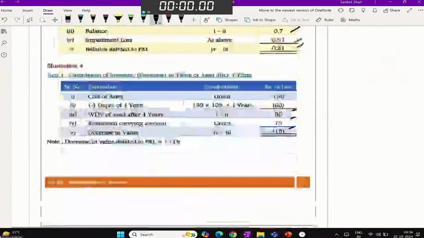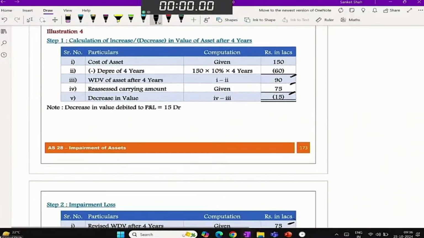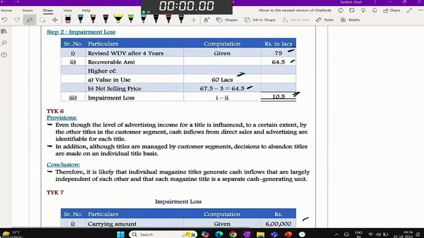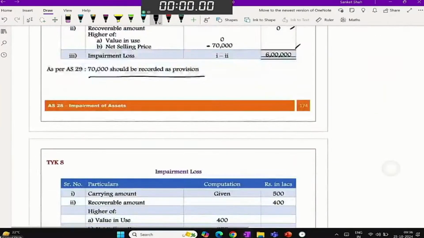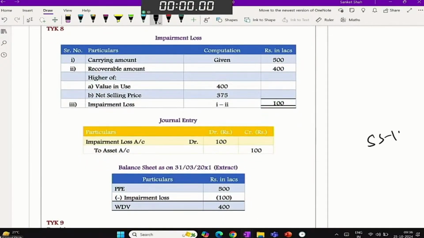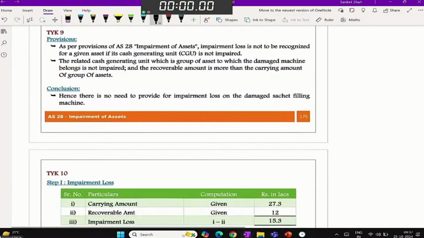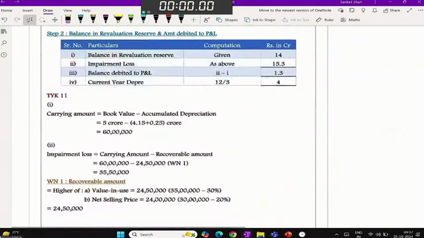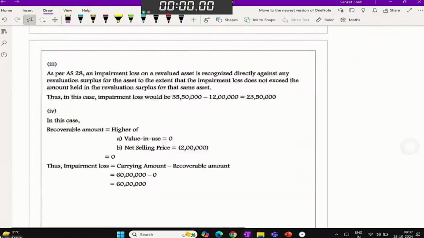Done, sir. 7. Done, sir. 8. Done, sir. 9. Done, sir. 10. Done, sir. 11. Done, sir. 12. Done, sir. Does it require a lot of writing, dear?